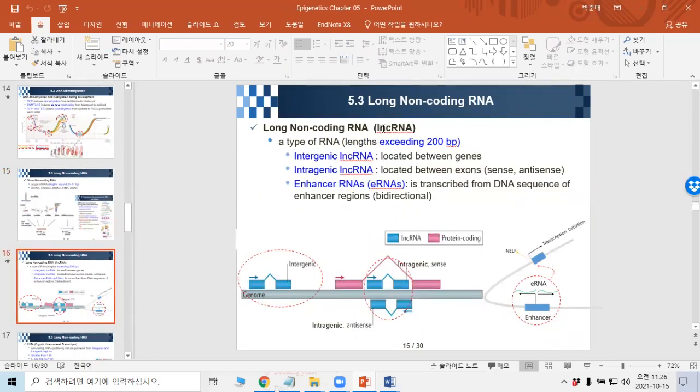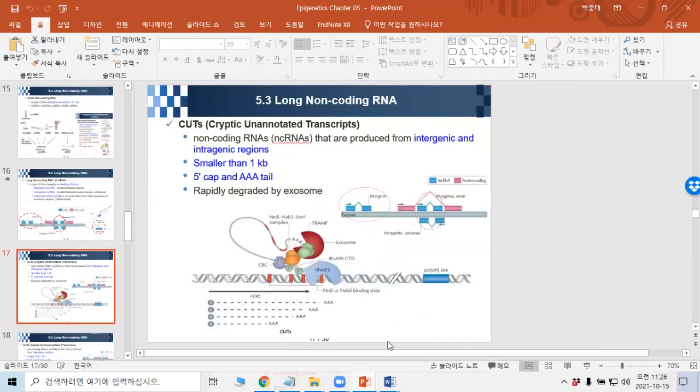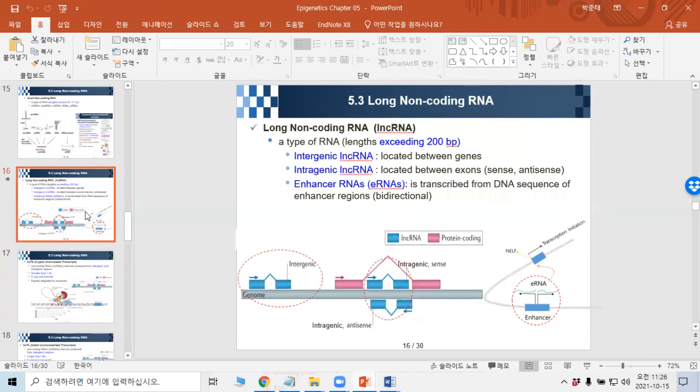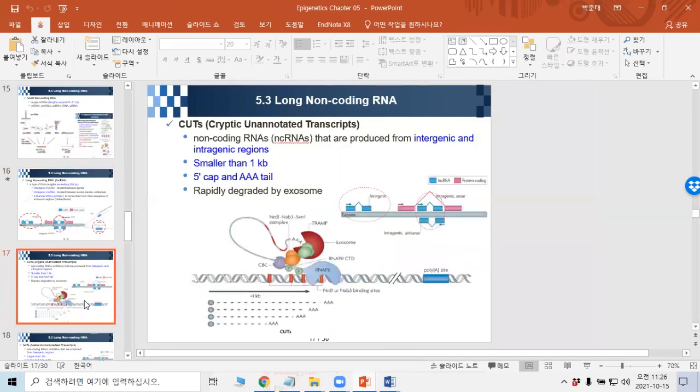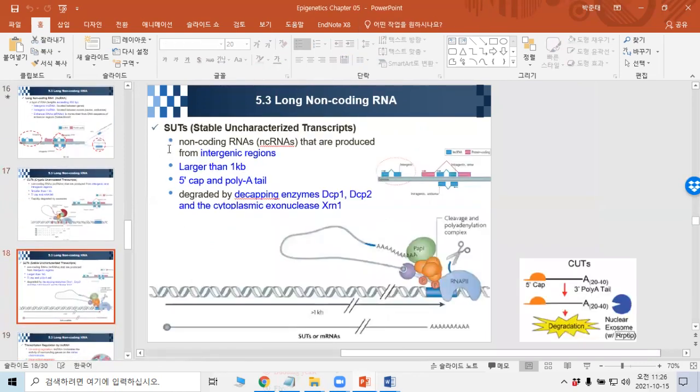We call it lncRNA. So there are intergenic, intragenic, and enhancer RNAs like this. And also among the long non-coding RNAs, there are other transcripts, CUT and SUT.